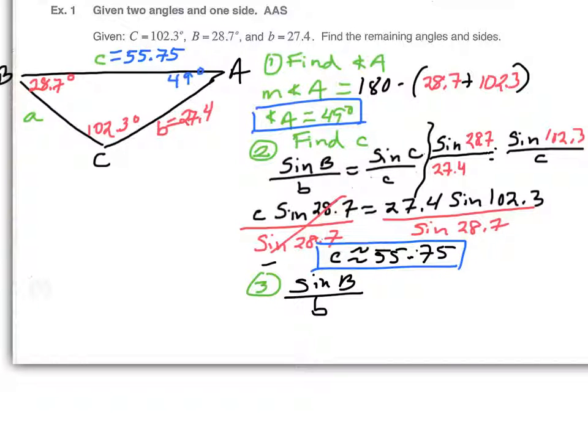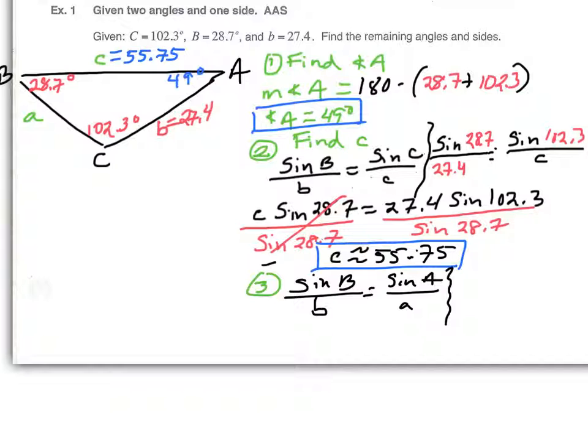I could have made an error in finding side C or an error in finding angle C. Well, if I find an error in angle C, we're in trouble because they gave it to us, didn't they? So instead, I'm using the sine of B over side B, and I'm going to find side A. So let's plug in.